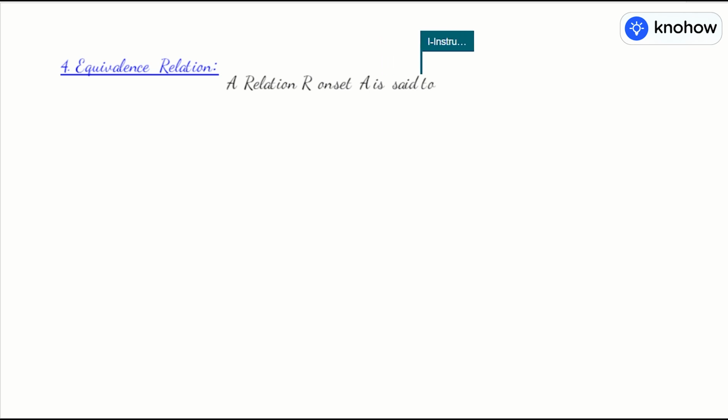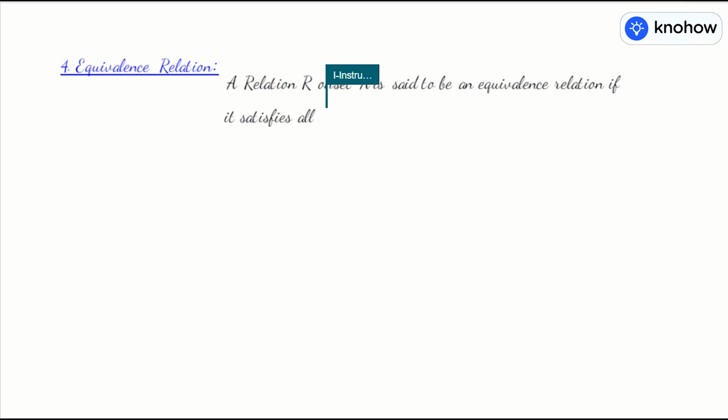So now I give a fourth type of relation, a fourth definition: when is a relation said to be an equivalence relation? A relation R on a set A to itself is said to be an equivalence relation if it satisfies all the three properties.